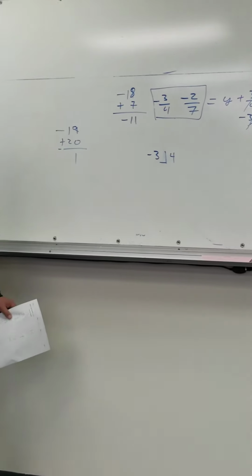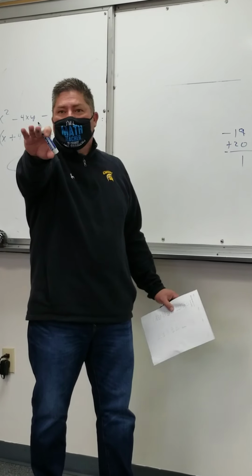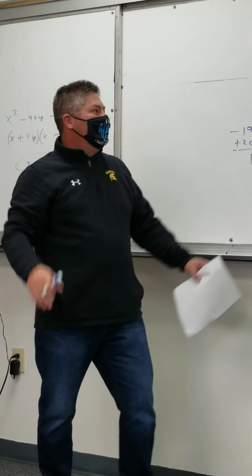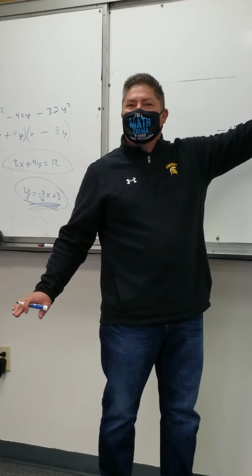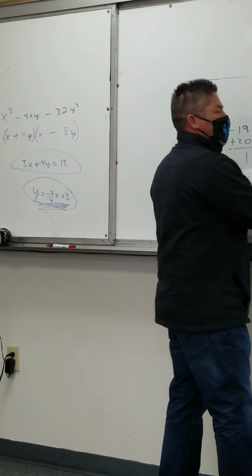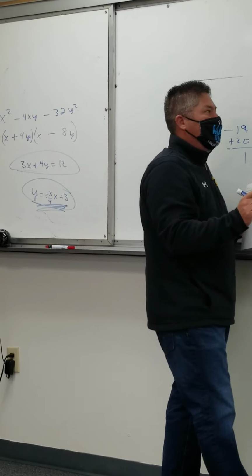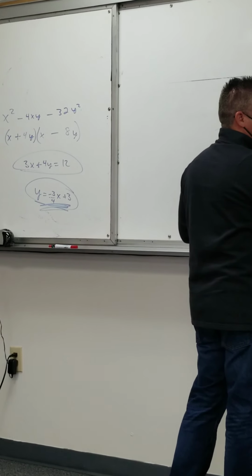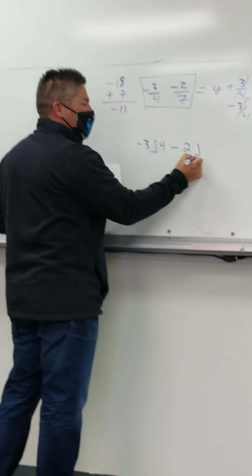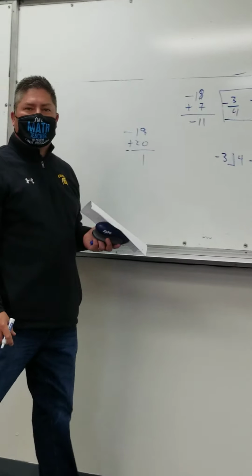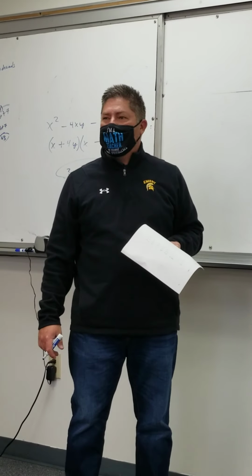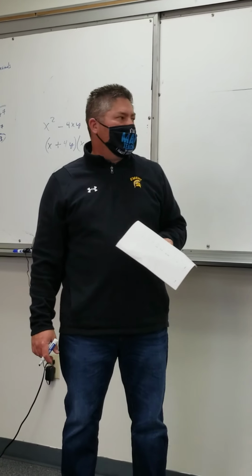Four after I hit that ABC key. Now, do what Danny's saying. What should I do next? Don't hit the negative key, hit the what? Minus. I think maybe that was what Danny was saying. Now I want to hit that minus key, and then hit what? 2, ABC, 7. Then hit equals. Okay, everybody do that. And what'd you get on your calculator?